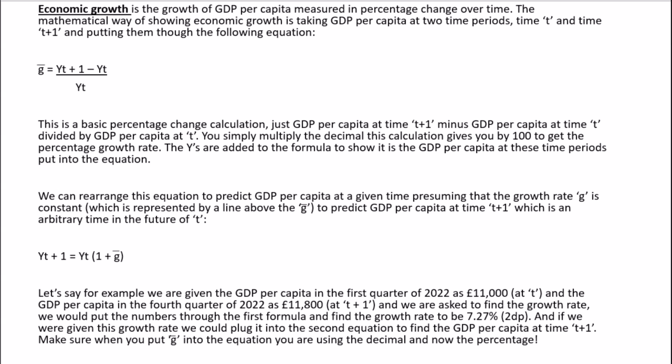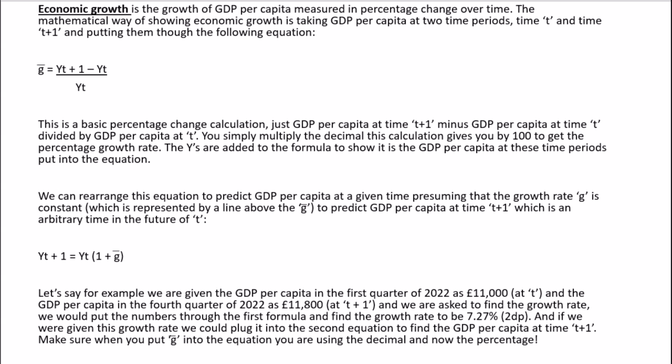If we are asked to find the growth rate, we'd put the numbers through the first formula and find the growth rate to be 7.27% to 2 decimal places. And if we were given this growth rate, we could plug it into the second equation to find the GDP per capita at time t plus 1.